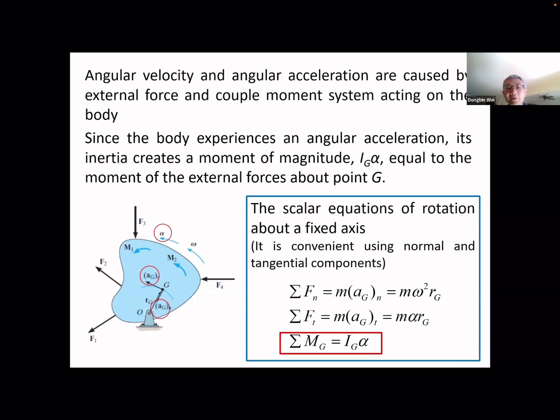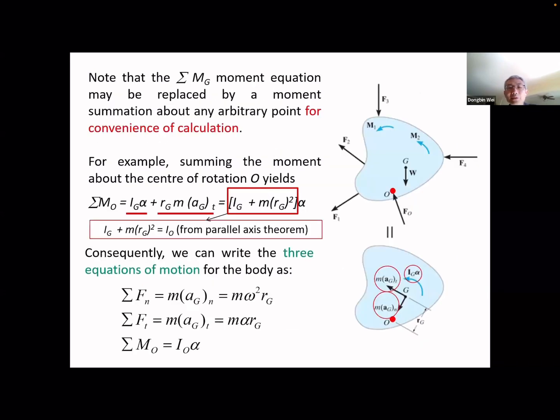For the third equation, the rotational component, it can be about point G. But for a rotation problem, in many cases, selecting the rotation center point O for your calculation may be more convenient.